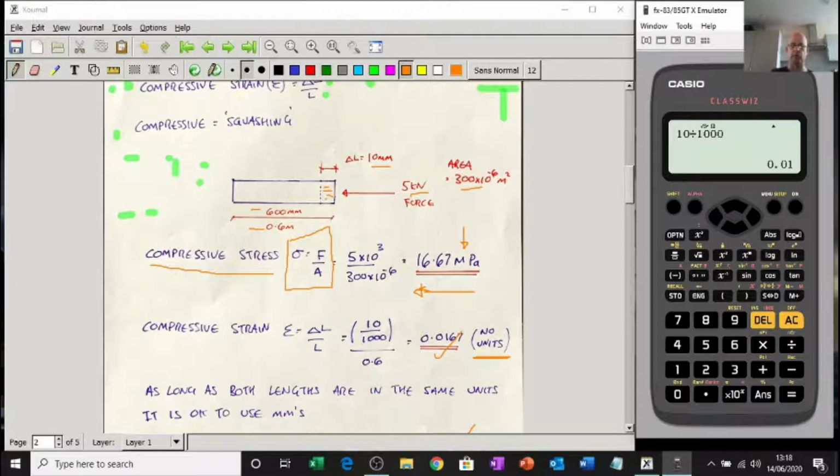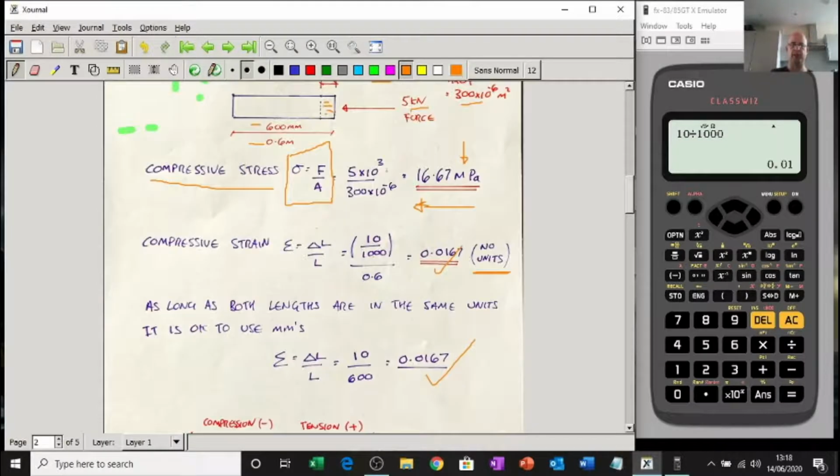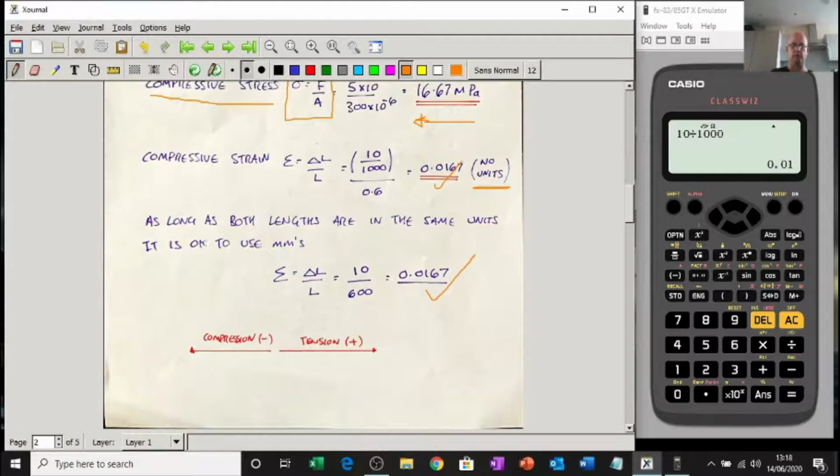So sometimes I use millimeters when I'm doing strain. So compression is negative, tension is positive. That's how you differentiate. Compressive strain is negative because the change in length is negative. It's going that way, isn't it? That's how we differentiate between tension and compression. One's positive, one's negative.